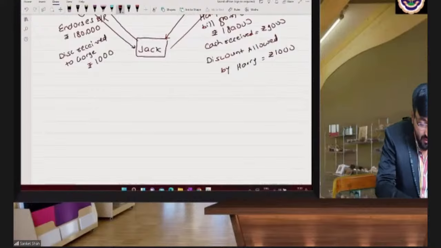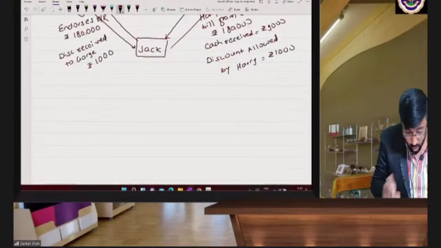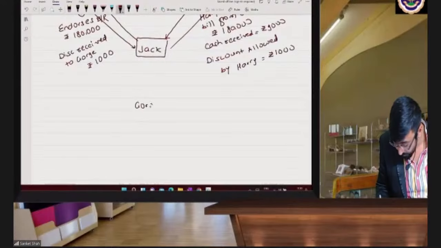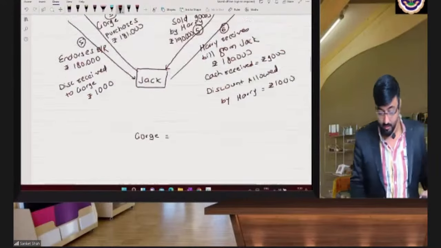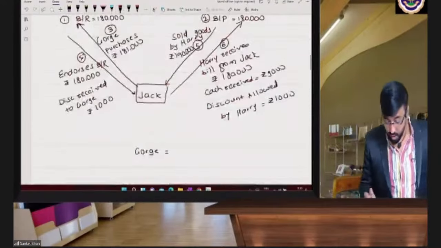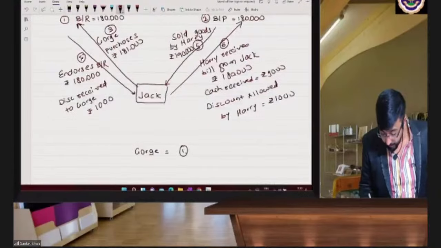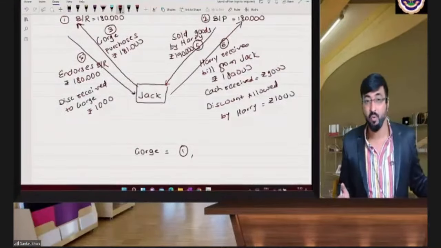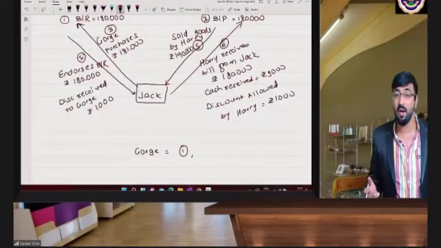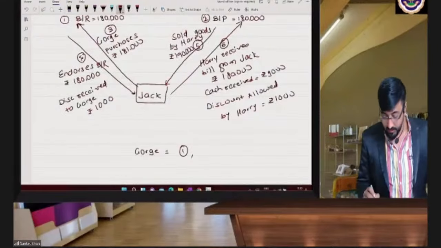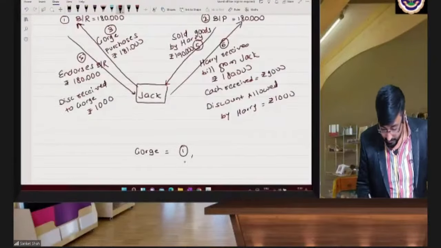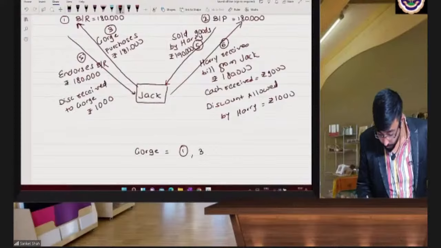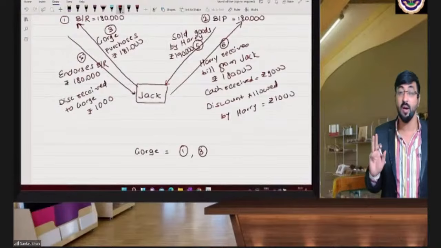See, beta, they ask you entries in the books of George. So George will pass which entries? George will pass the first entry of bills receivable: Bills receivable account debit to Harry. After that, he is going to purchase from Jack.